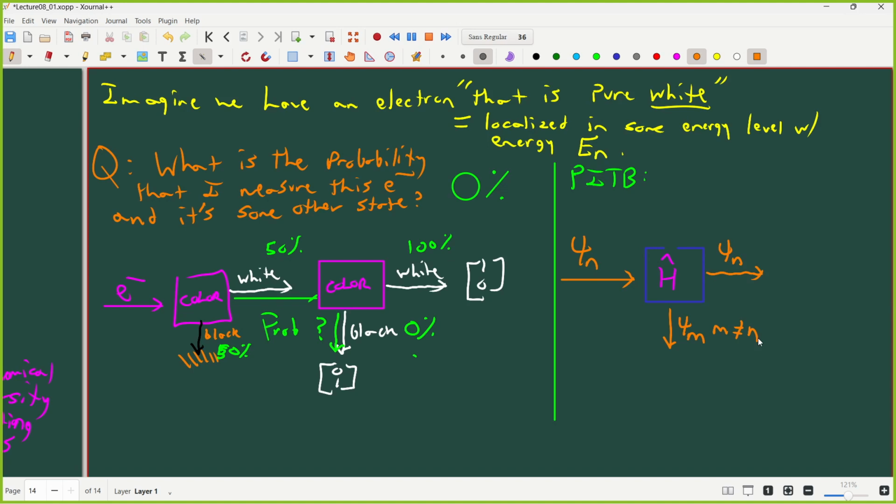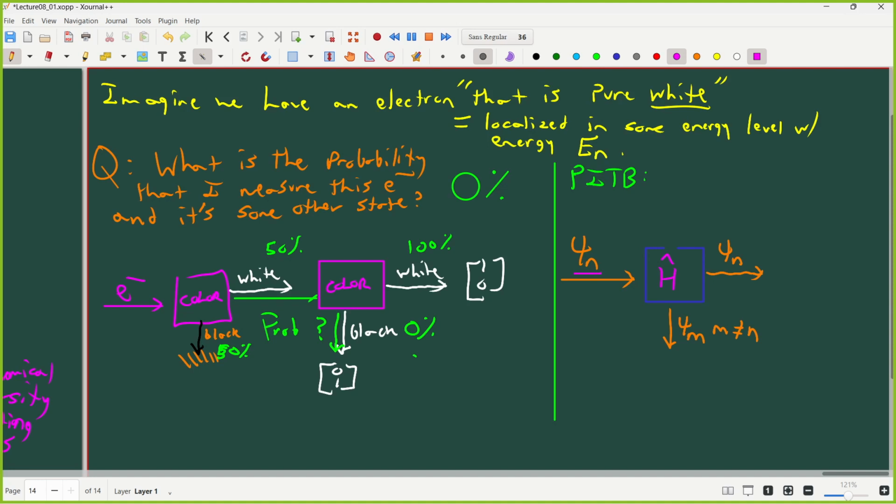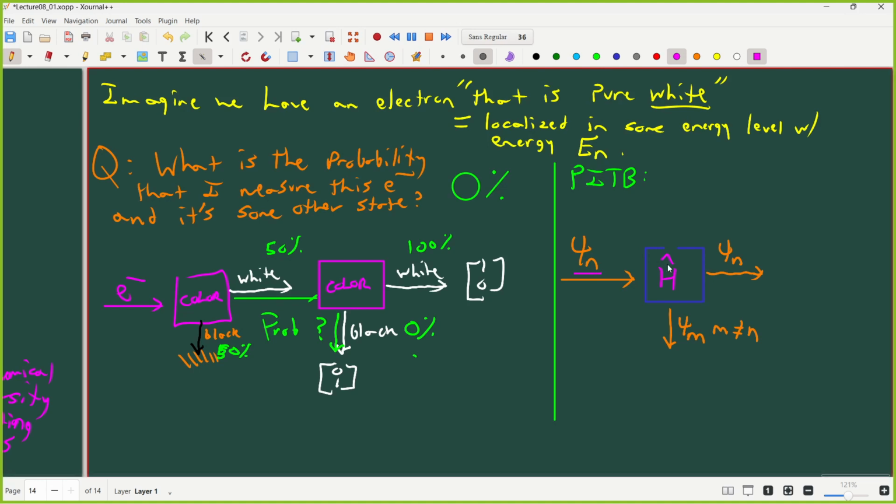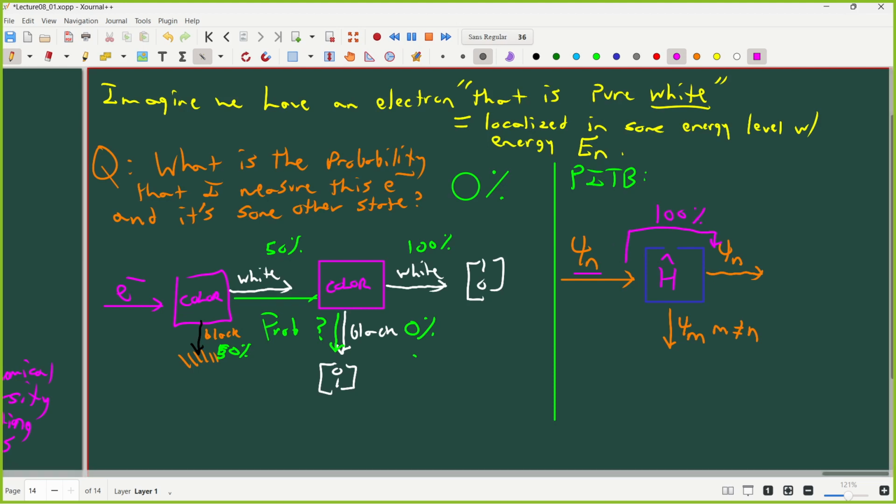And of course, we know the answer to this question. It's the same thing as color. We're asking exactly the same question as in the color example. This is a specific pure state of energy E sub n. We're measuring its energy, therefore it satisfies the measurement theorem. So we know that 100% of the molecules are going to go across this barrier and come out the other side, and 0% of them go this way.